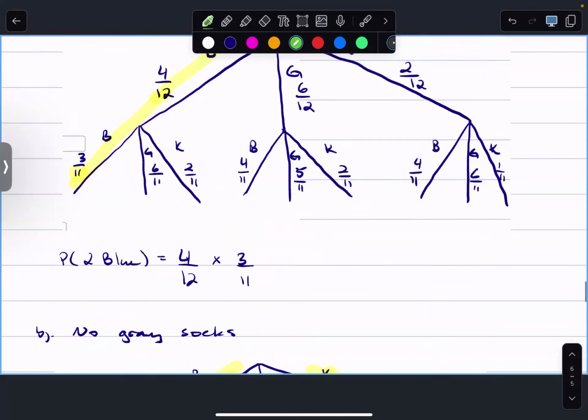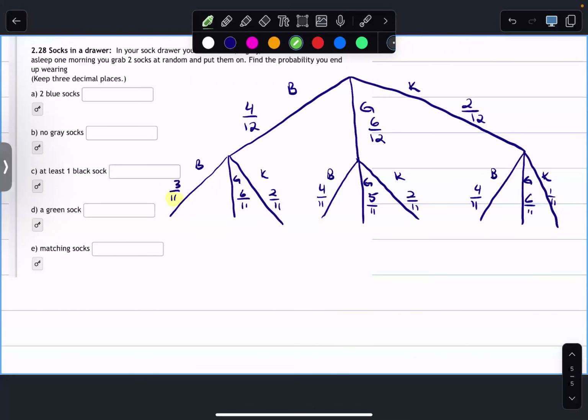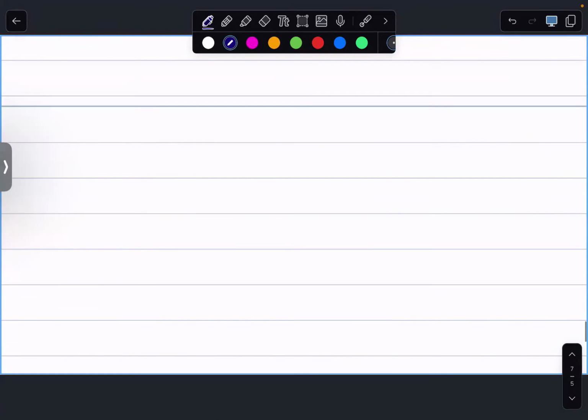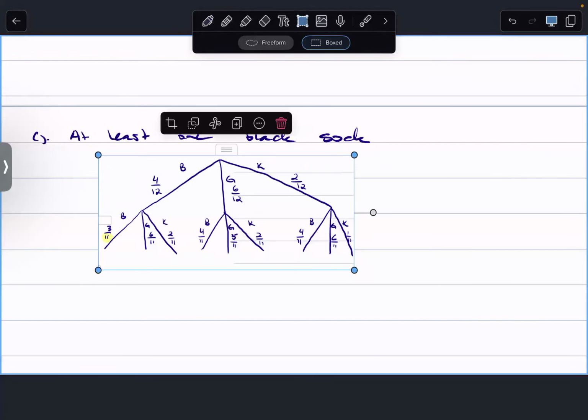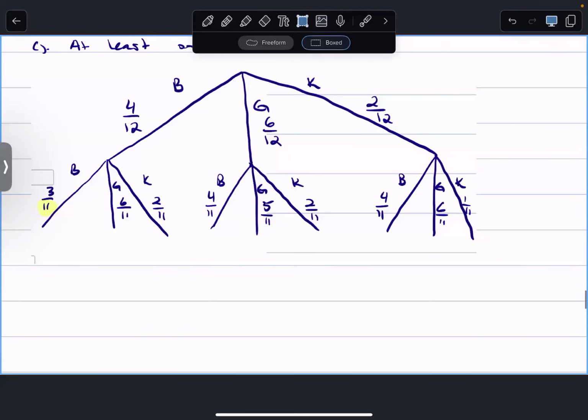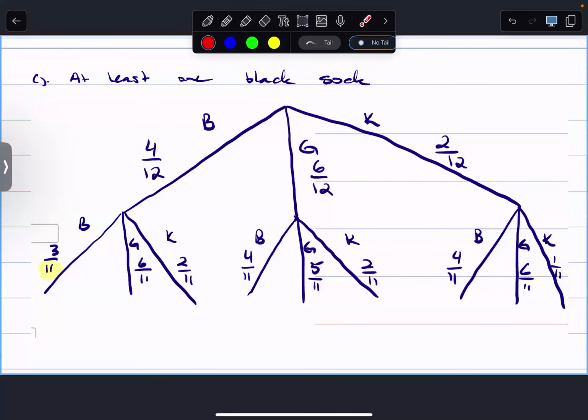How about C? At least one black sock. We can talk about the ways that I can have at least one black sock.